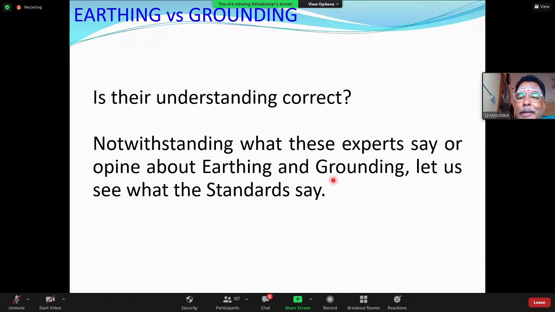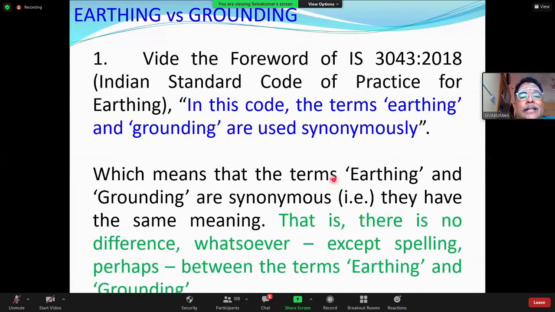Now, the first Bible, as far as India is concerned, is IS 3043, that is the Indian Standard Code of Practice for Earthing. In the very first chapter, in the introduction itself, this code very precisely and unambiguously mentions that in this code, the terms earthing and grounding are used synonymously.